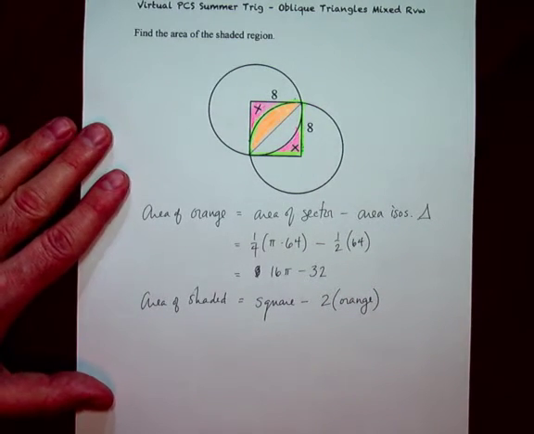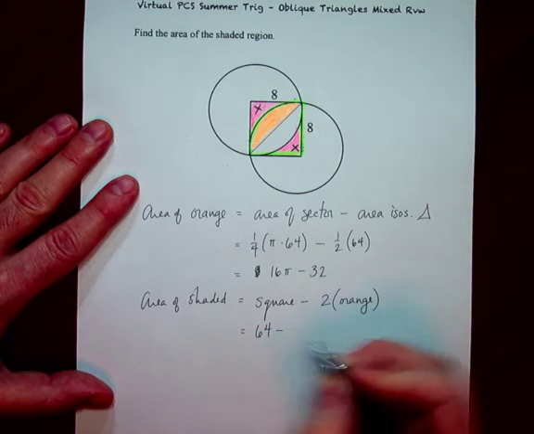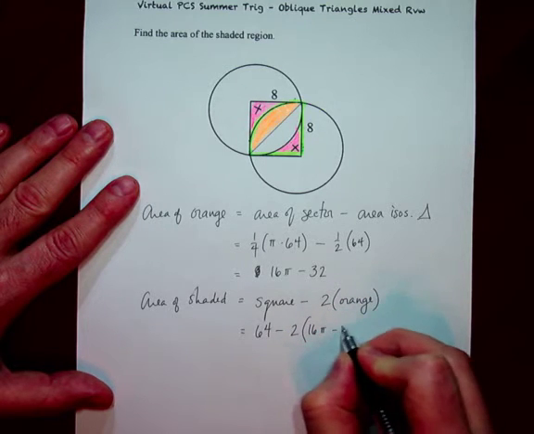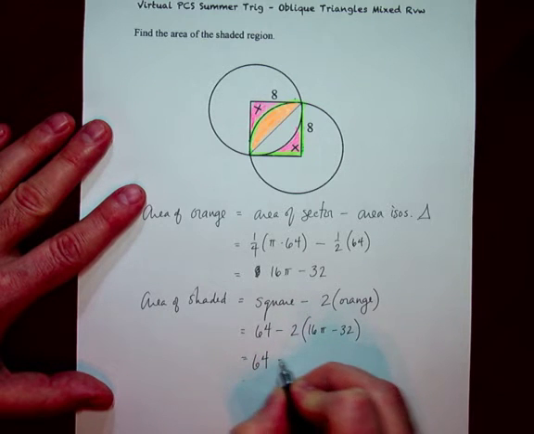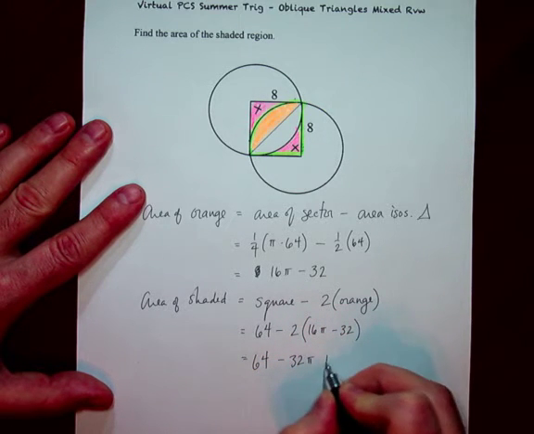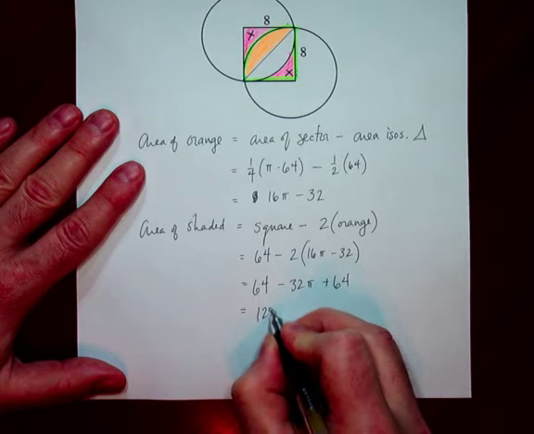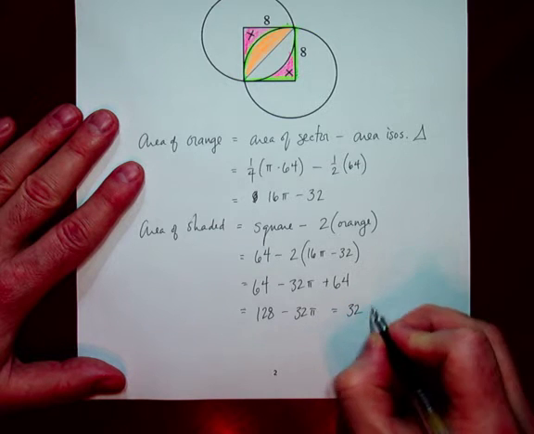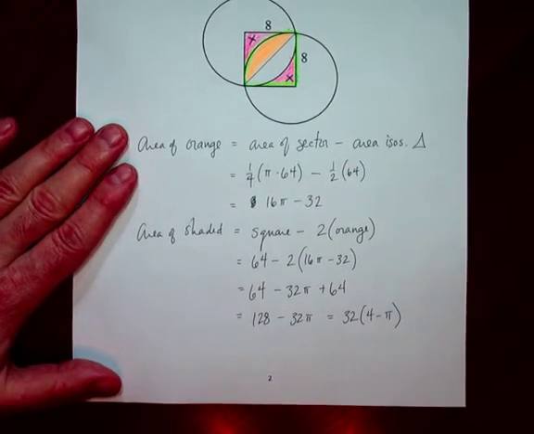Okay? And so the area of the square is 64, but then I need to subtract 2 of the 16 pi minus 32. That becomes 64 minus 32 pi plus 64. Let's go ahead and call that 128 minus 32 pi, or 32 times 4 minus pi. And gosh, doesn't that look familiar?